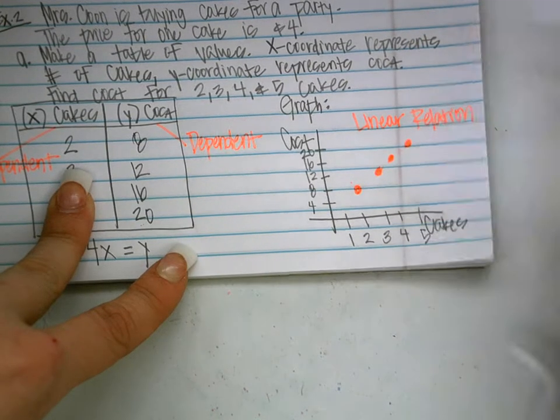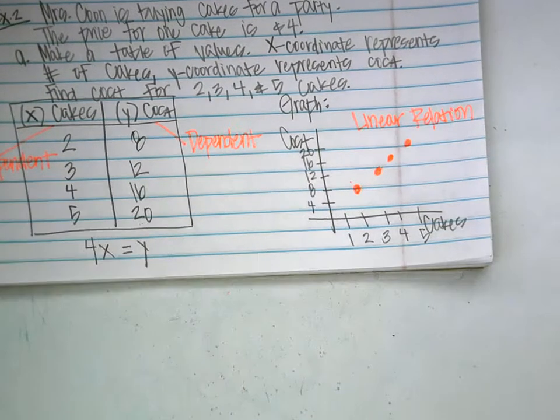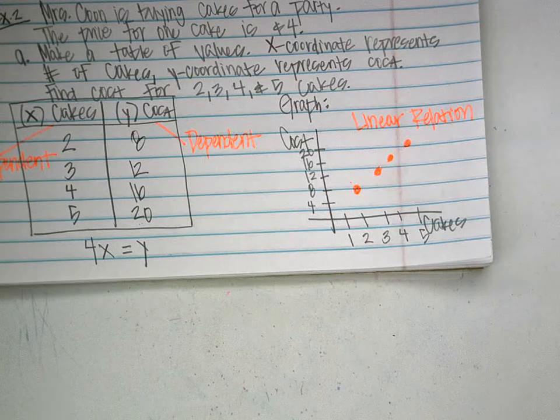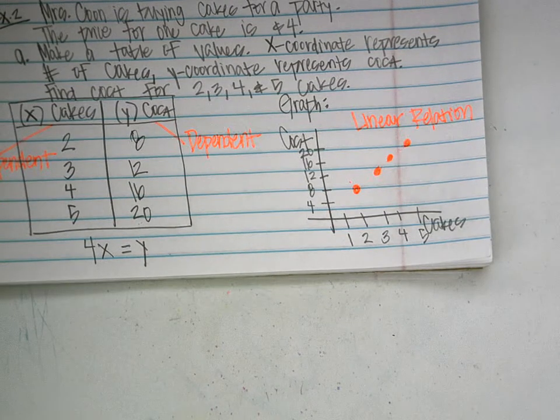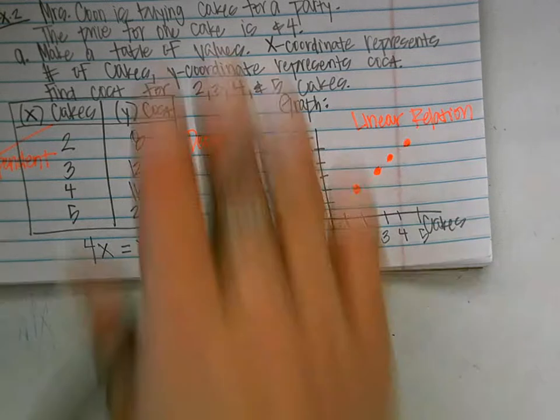That is a linear relation. And remember, a relation was just a list of points. Any questions on how I did that? Not too bad, right? That's going to be it for the first one.